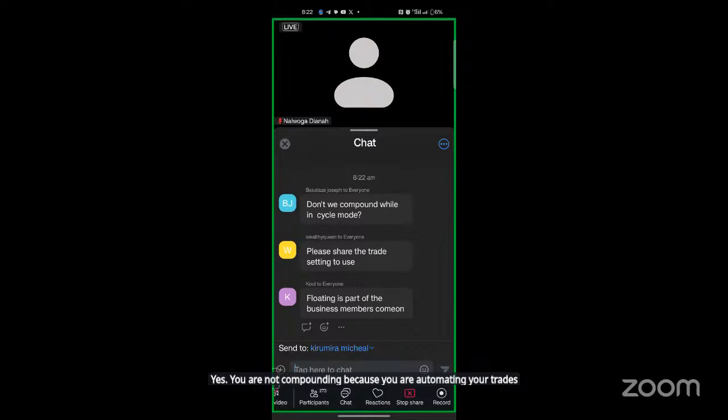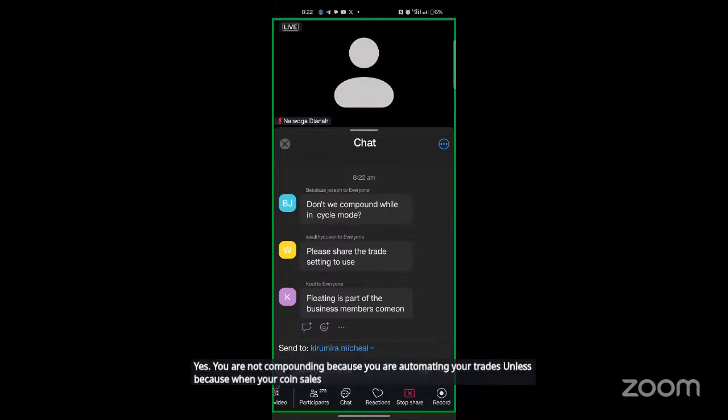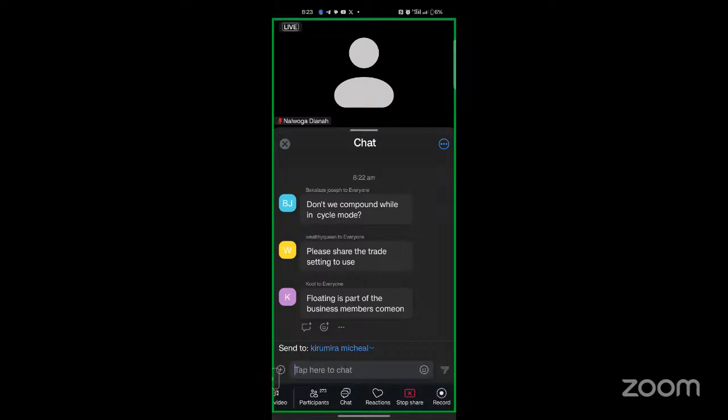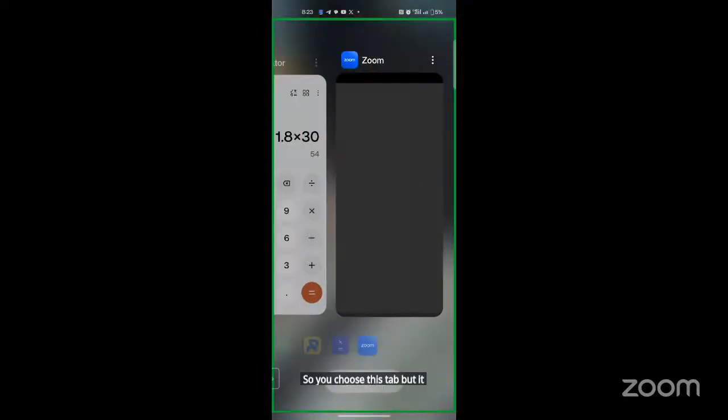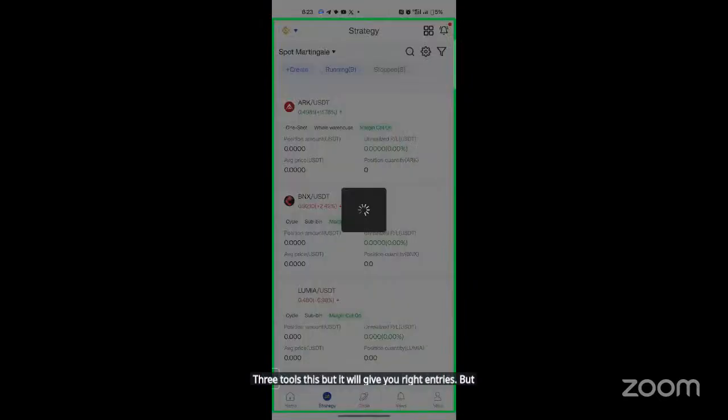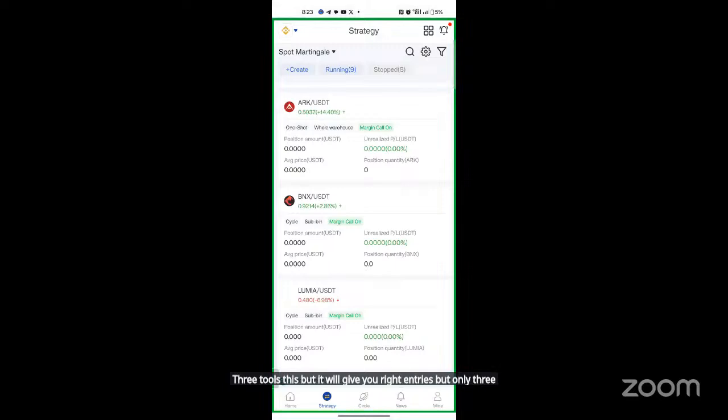When your coin sells, you come back and change the first buy, because it will not buy again after the coin has sold. It will stay stuck, but it will give you right entries. Of the three indicators, the MACD will always delay to make new entries in the market, the KDJ will be moderate, and the RSI will always take in your trades very fast.